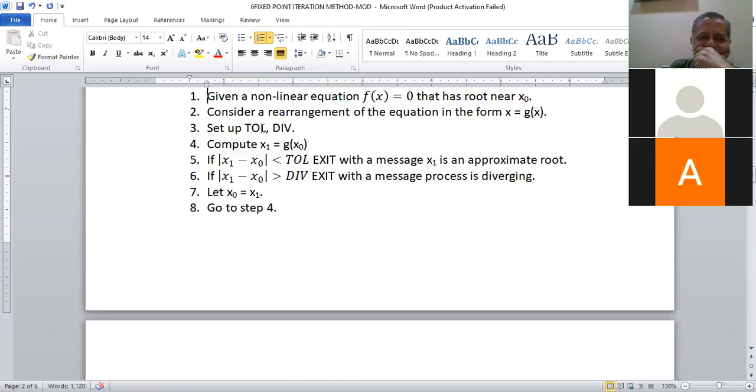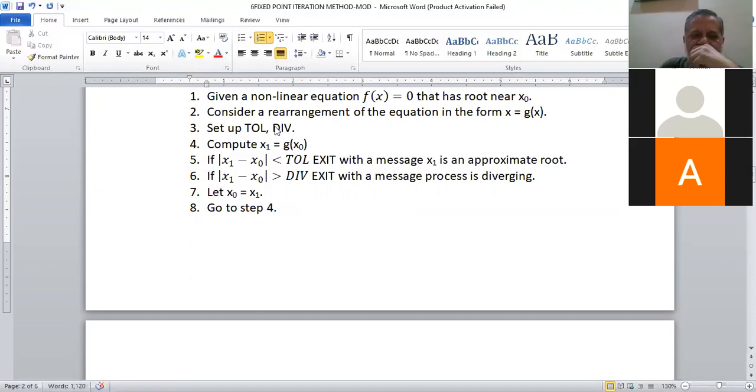Set up two special numbers: tolerance, which is required to stop the process when convergence is obtained, and this tol will be a small number, and div is a large number, and that is used in case the process diverges.